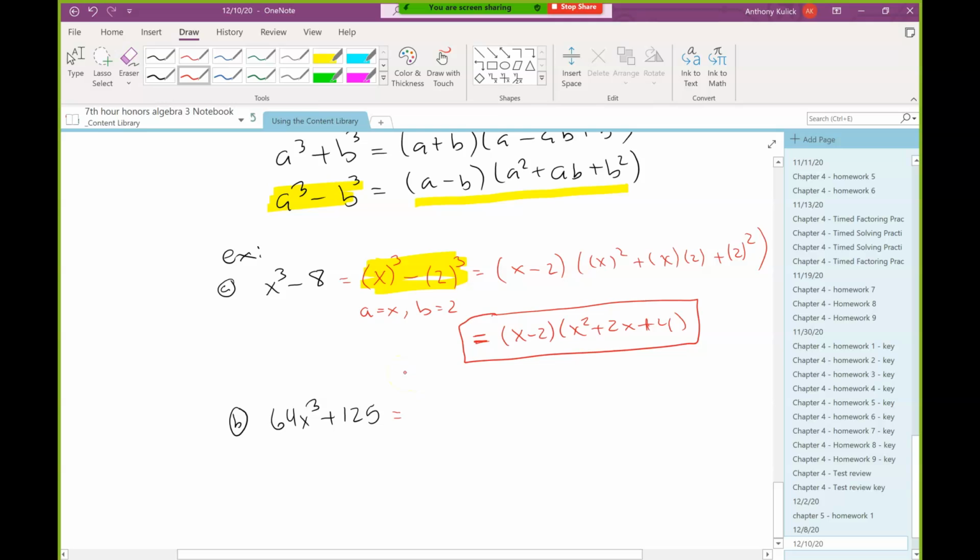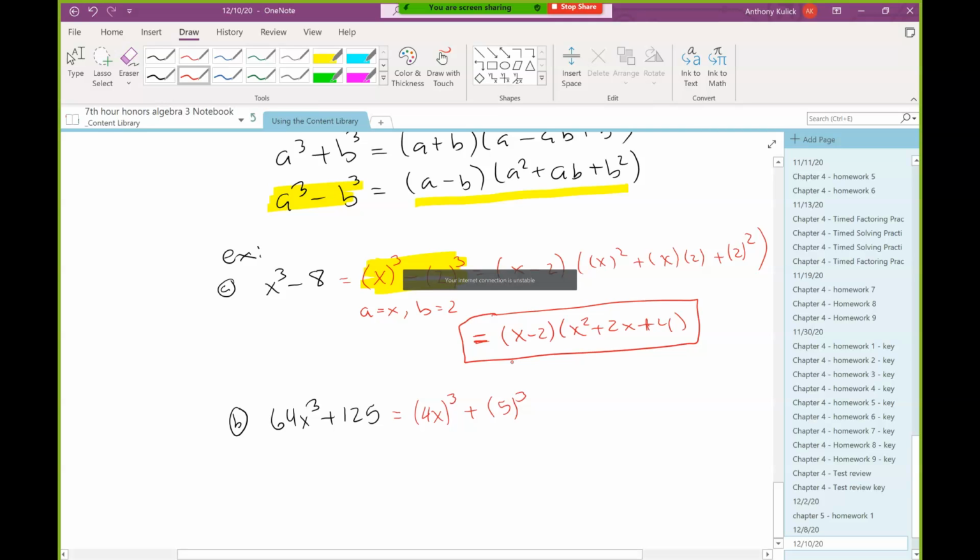Well, I know 64 is, well, 4 times 4 is 16, and 16 times 4 is 64. So I could rewrite 64x to the third as just the quantity 4x to the third. And then 5 times 5 is 25, and 25 times 5 is 125. So I can rewrite 125 as 5 to the third.